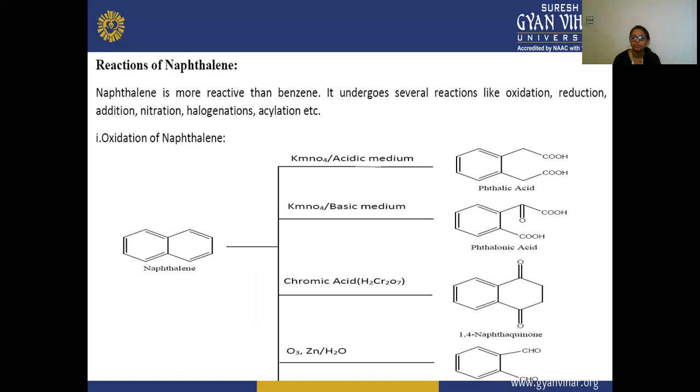Here there is a formation of phthalic acid in the presence of KMnO4 in acidic media, and with KMnO4 in basic media it forms phthalonic acid. When it is treated with chromic acid, there is a formation of 1,4-naphthoquinone, and when it is oxidized with ozone and zinc, in the presence of zinc and water, there is a formation of a dialdehyde.